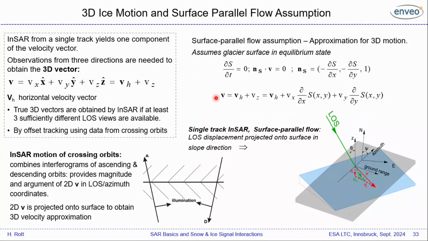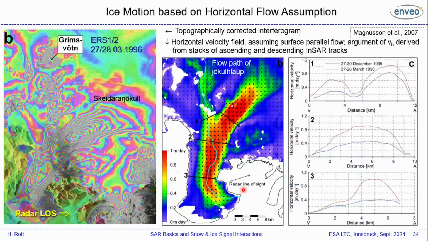The surface parallel approach is usually applied for interferometric processing, which we also do. For example, we apply InSAR on the plateau of Greenland, but there the deformation in the interior of Greenland at the time scale of 6 days is very small.